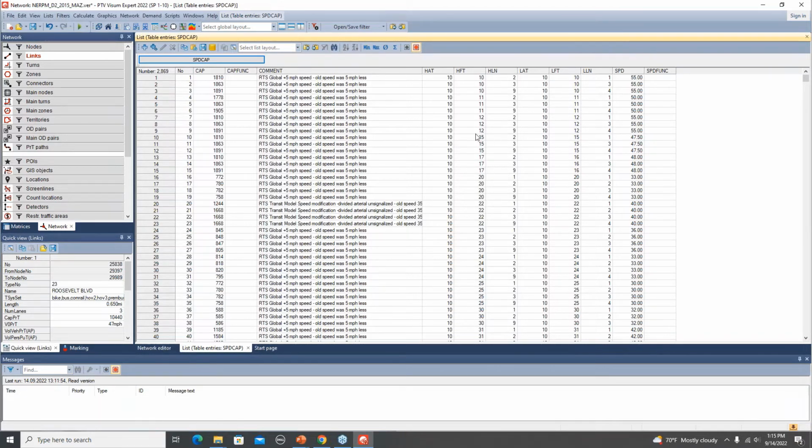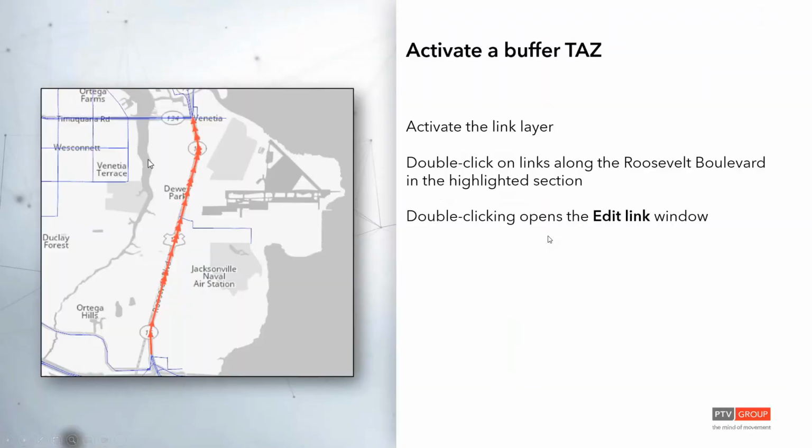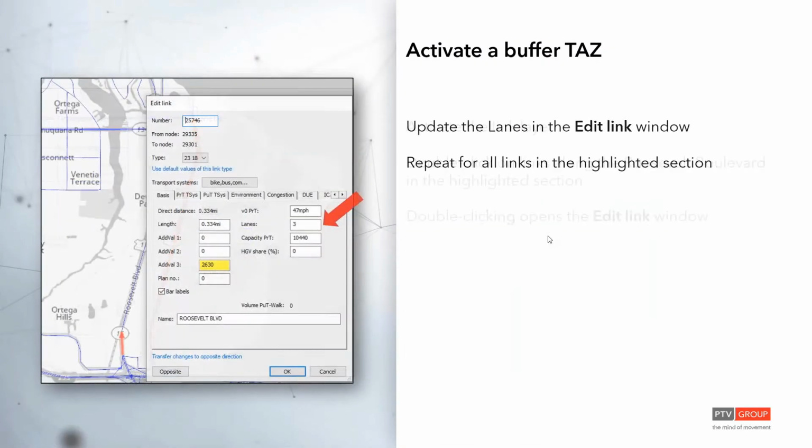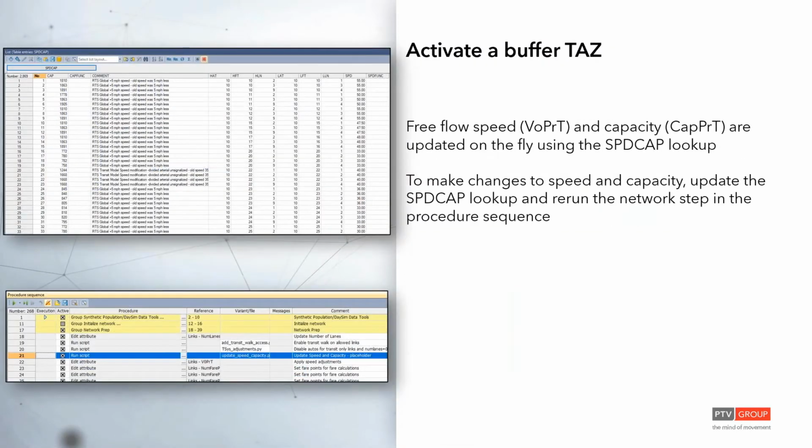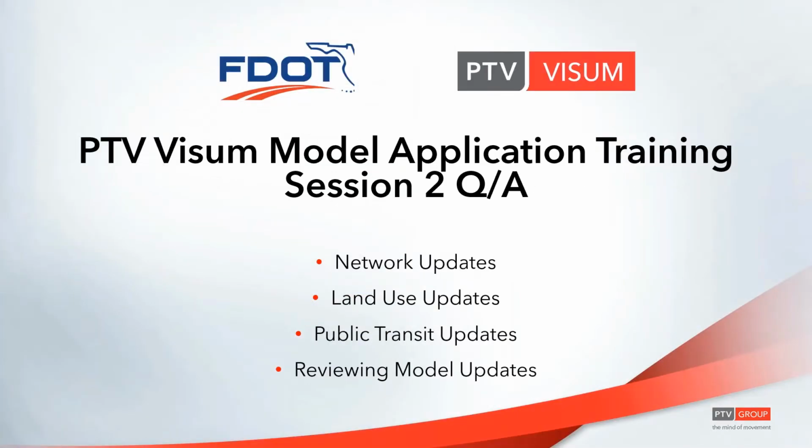And if you want to create a very unique speed and capacity which do not exist in this lookup, then you can add rows to this lookup to create your very specific cases to update speed and capacity. So that was all about making network changes, and I think we can open up now for Q&A.